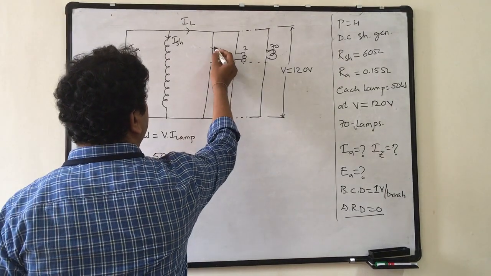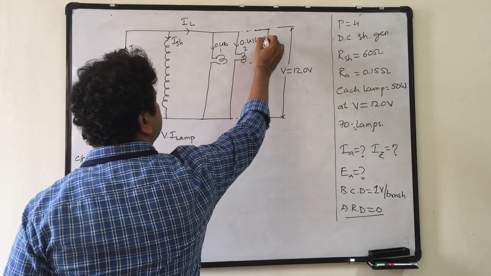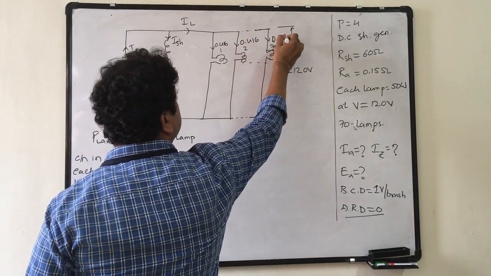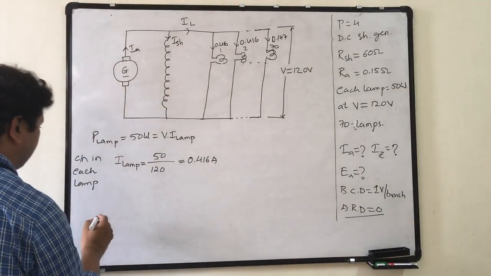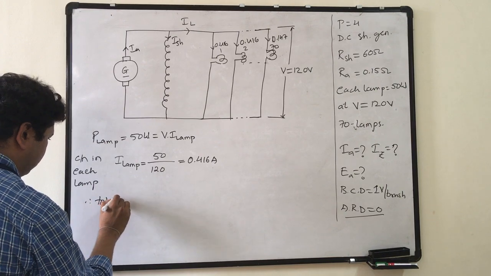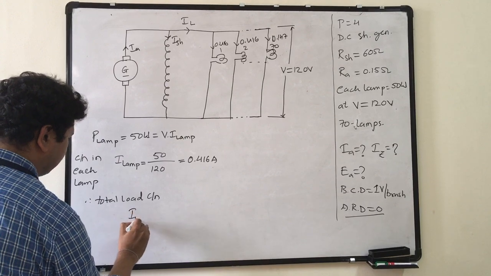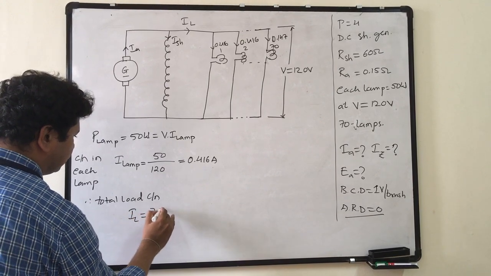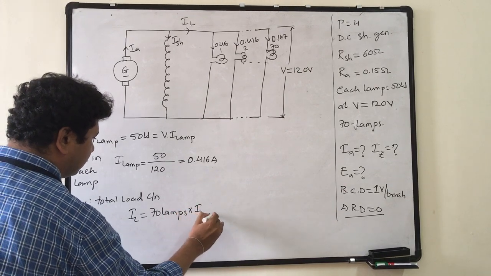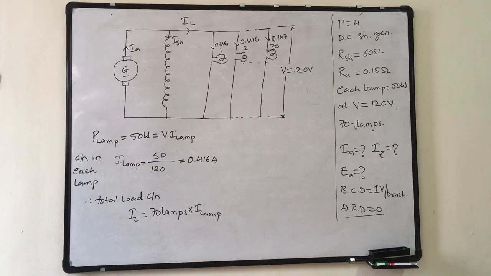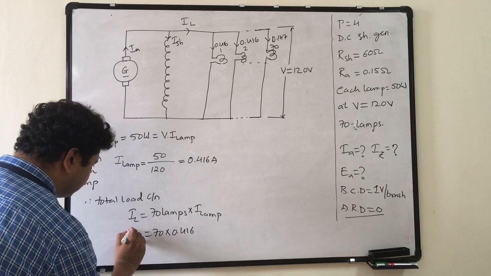So the first lamp draws 0.416, the second draws 0.416, and the last will also draw 0.416. There are such 70 lamps connected in parallel. Therefore the total load current IL is equals to 70 lamps multiplied by current in each lamp, that is 70 into 0.416.